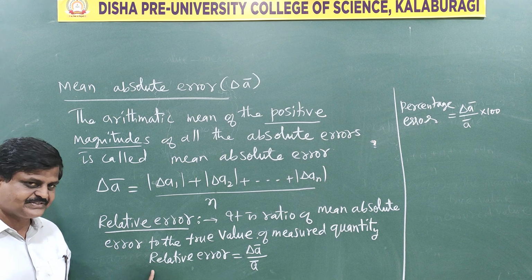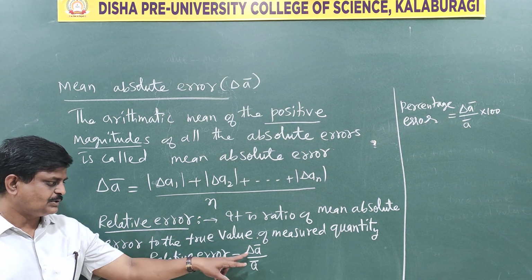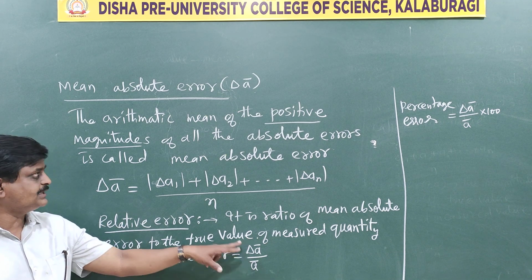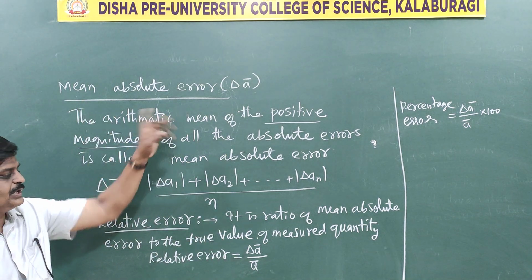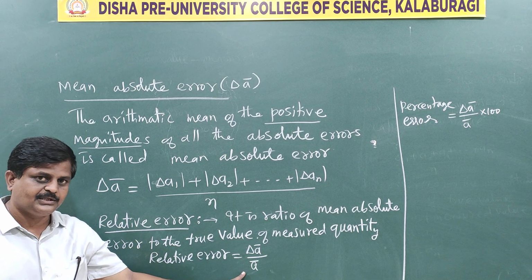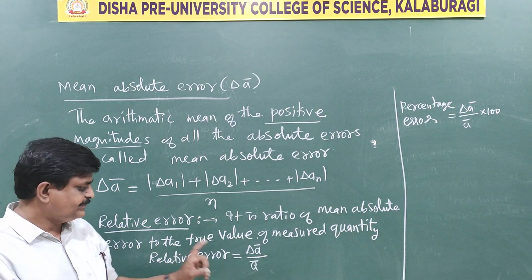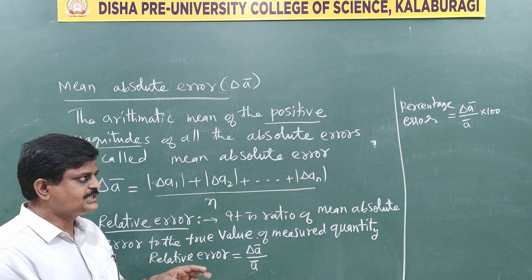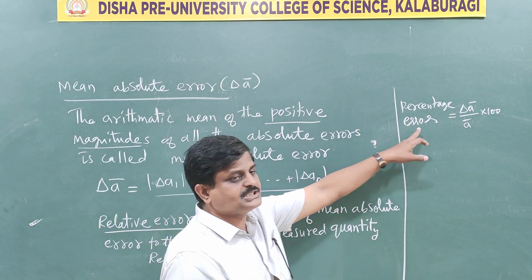Therefore, the relative error is equal to delta A bar divided by A bar. Delta A bar is the mean absolute error and A bar is the true value.